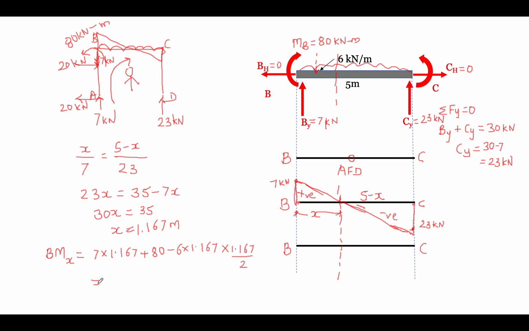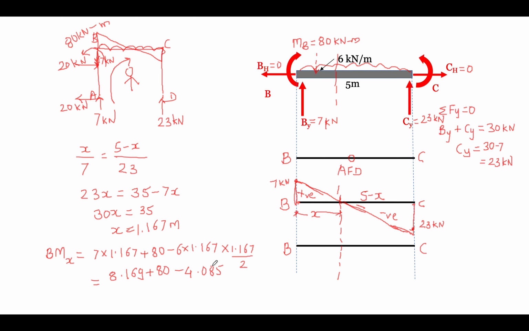So our answer will be 7 into 1.167, which is 8.169, plus 80 minus 1.167 into 6, which is 4.085.